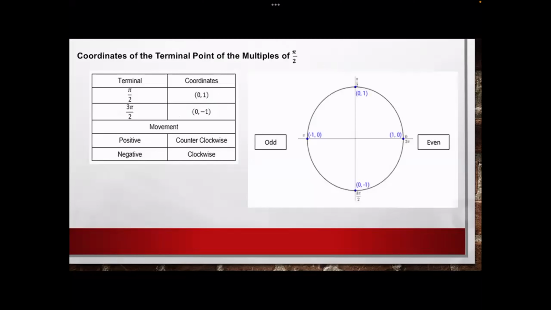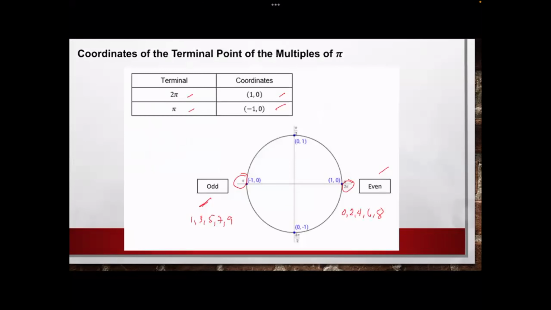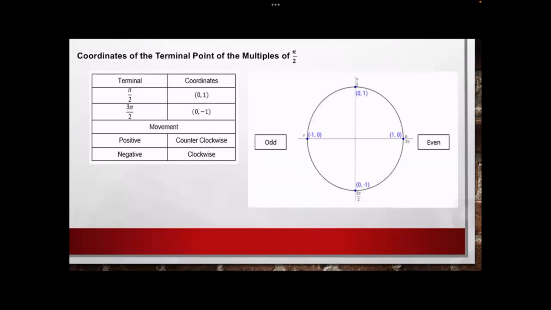Another type of multiples, we have the multiples of pi over 2. So yung kanina is pi. Ito yung kanina pi. Ngayon, nasa pi over 2 na tayo. Now, kung pi over 2, ang coordinates ni pi over 2, this will be 0, 1, and ito sa taas siya. And yung 3 pi over 2, that will 0, negative 1.